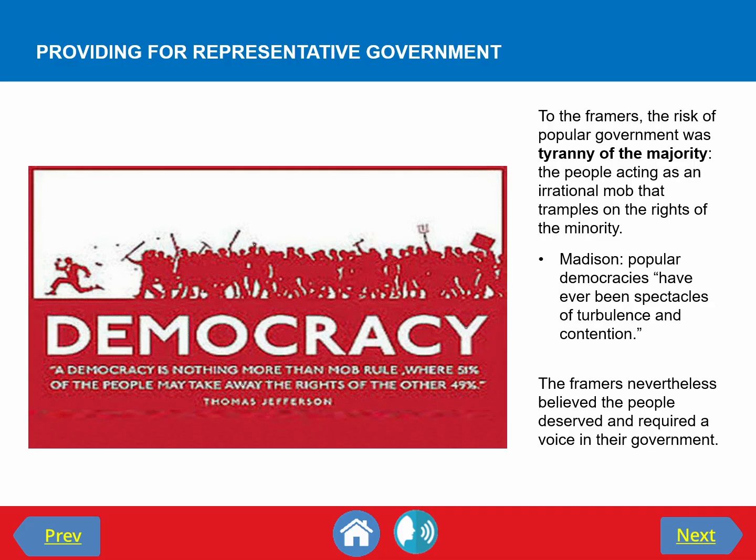The framers nevertheless believed the people deserved, and required, a voice in their government, so the idea of a representative republic, interlaced with constitutional restrictions, and limited government, became a new form of American democracy.